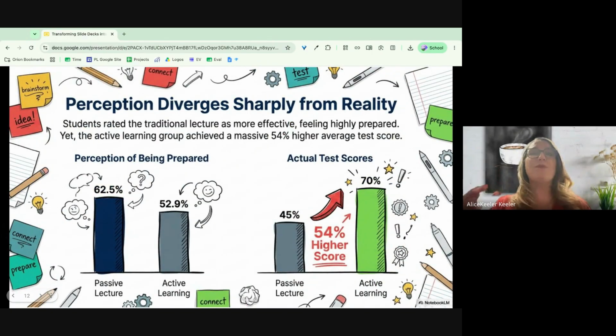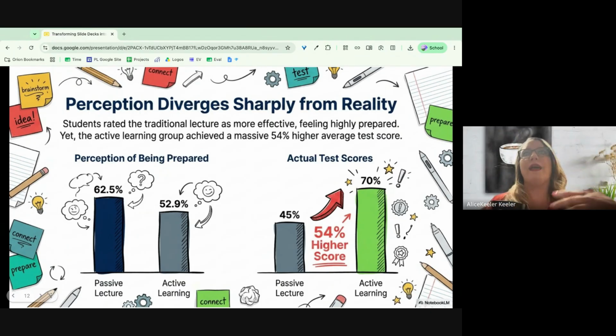Now, here's the problem. When you switch your style of instruction and ask students to do the cognitive lifting during a lesson, they think they learned less because it's harder. When you're just talking and students are copying down the notes, it's low cognitive load for them. It feels easy, and we're able to get through a lot of things.